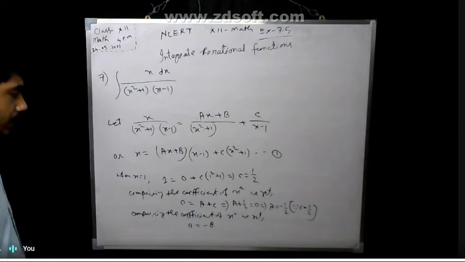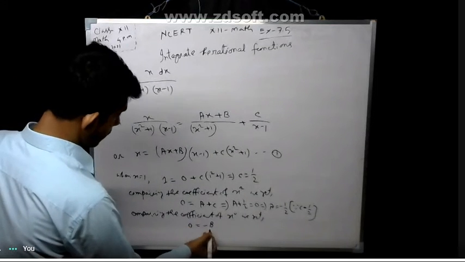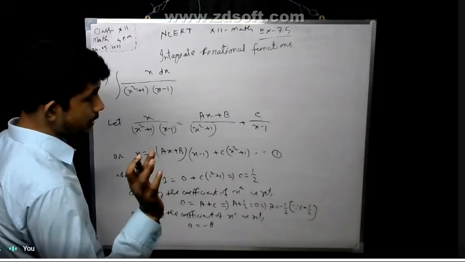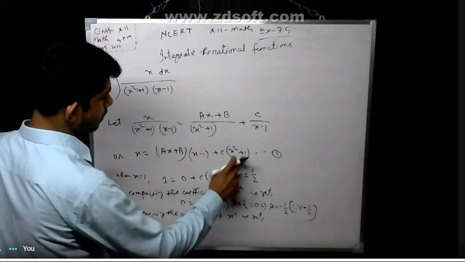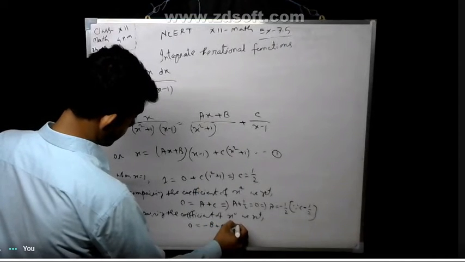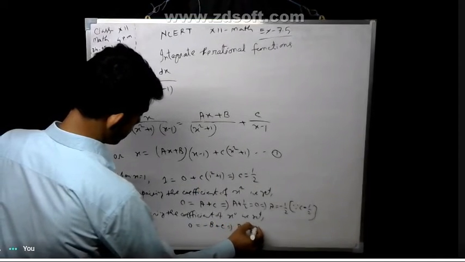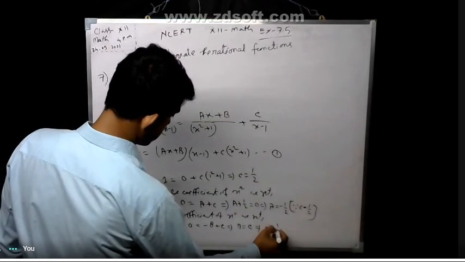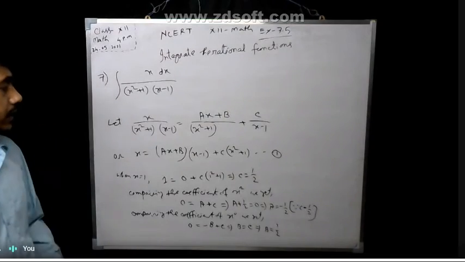But we have to find the value of b also. So minus b, and the coefficient of x to the power 0 is plus c, right? That implies that b equal to c, which means half. So we can find it, right?